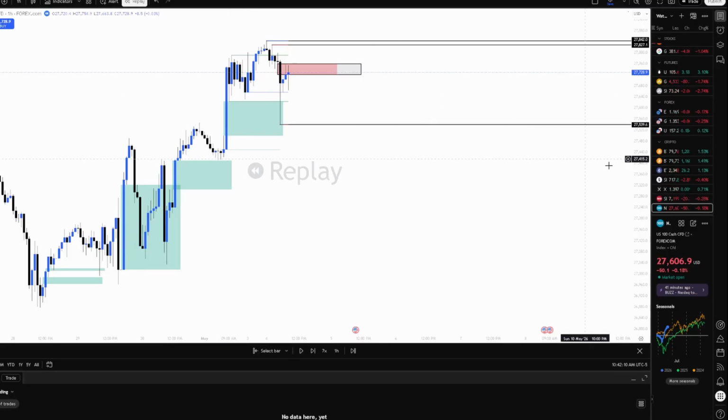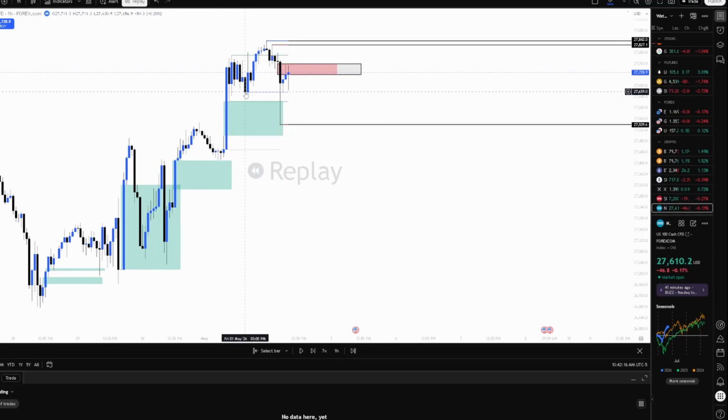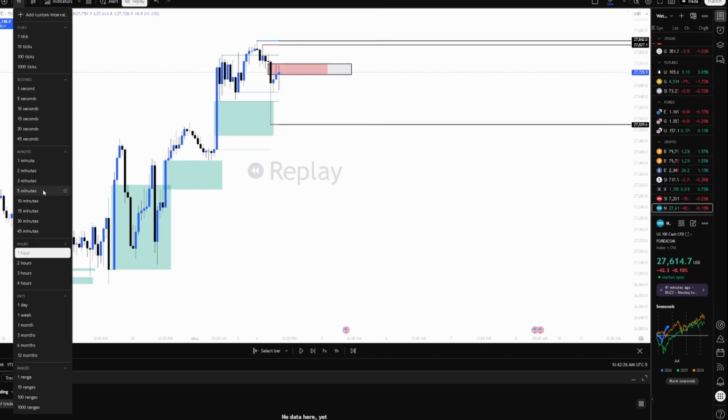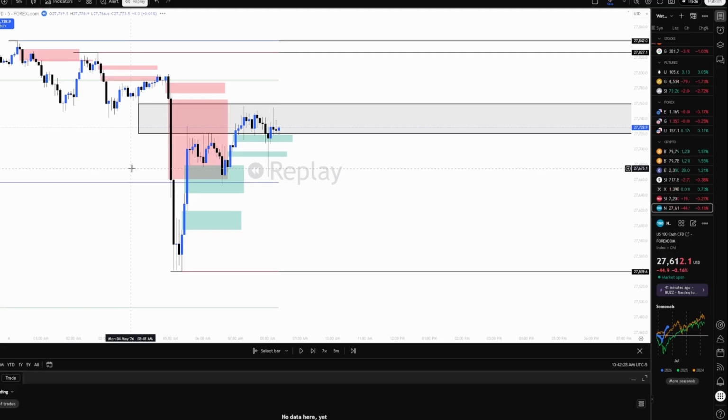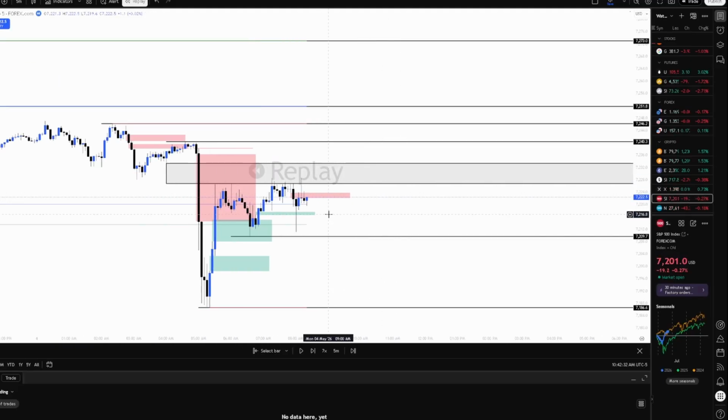Well, I mean, it did, but this low got taken out by this low. Well, this low stayed up here instead of coming down here to take it out. So that's already giving me an SMT. So right now I am more bullish on NASDAQ and more bearish on ES.